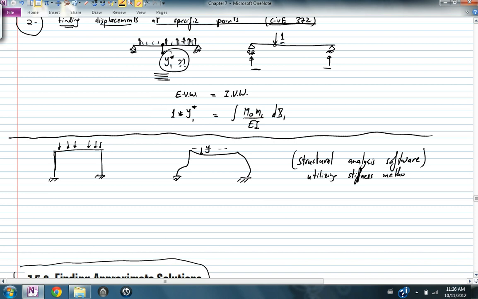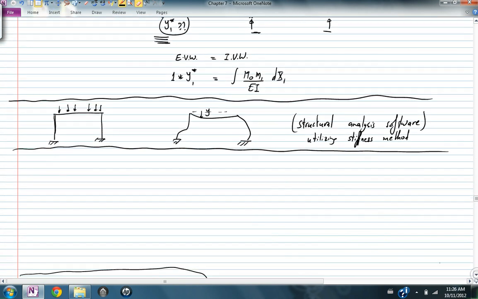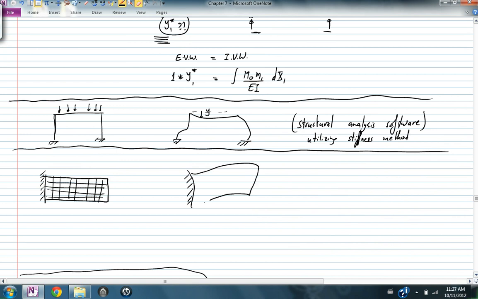Now, for a continuum, however, we still use the virtual work, which is the basis for what we have been talking about, the finite element analysis method. So, if I have a continuum, usually I'm interested in where this continuum goes. What is the displacement of this continuum after applying all the loads?